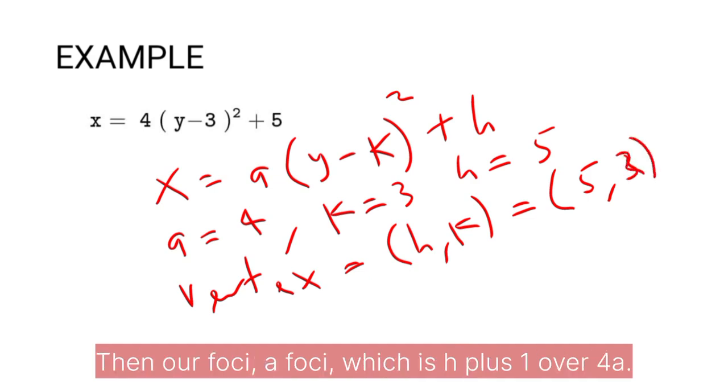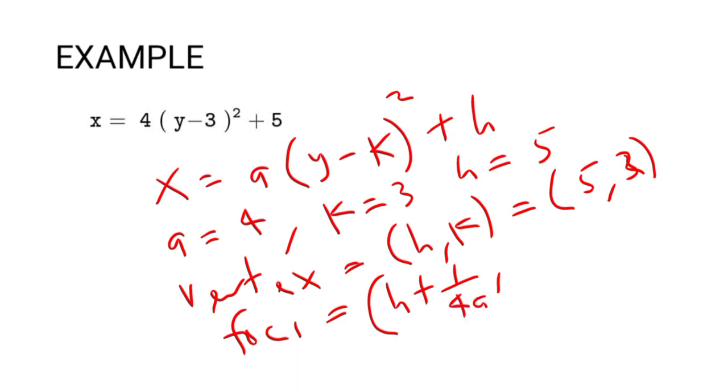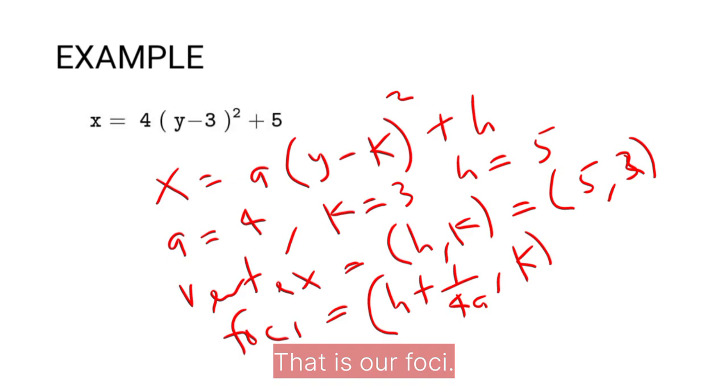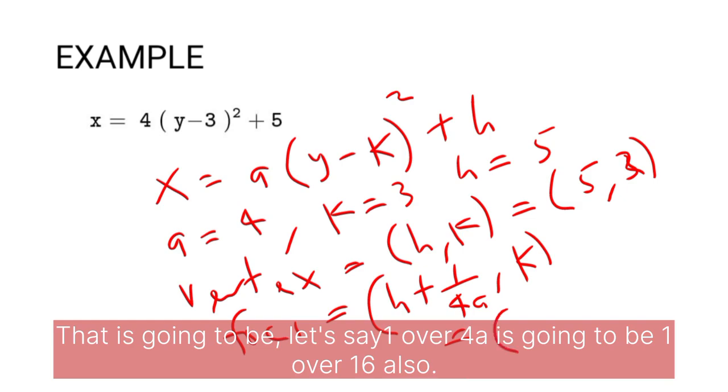Okay, then the focus, which is (h plus 1 over 4a, k). Let's find 1 over 4a, which is 1 over 16.